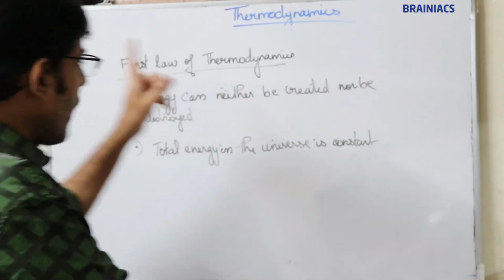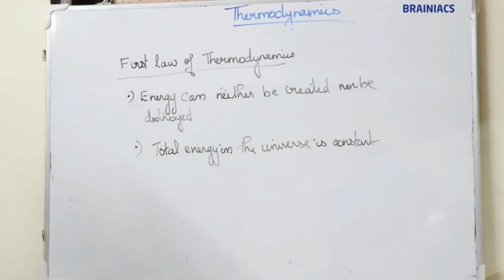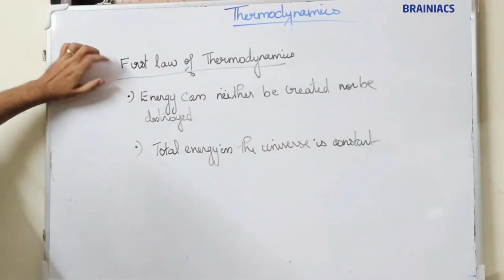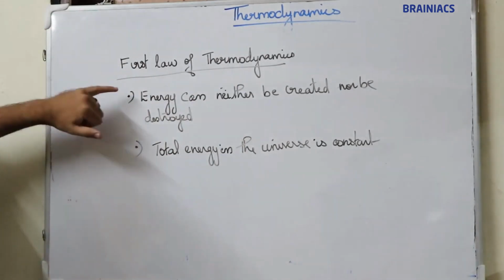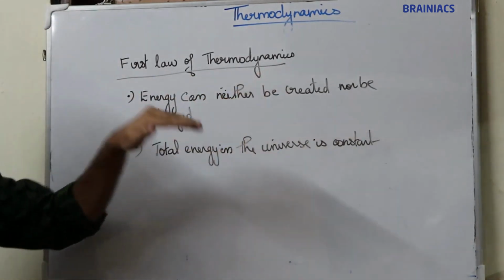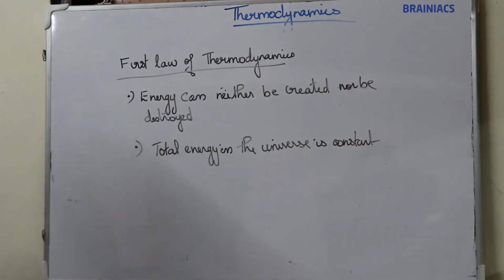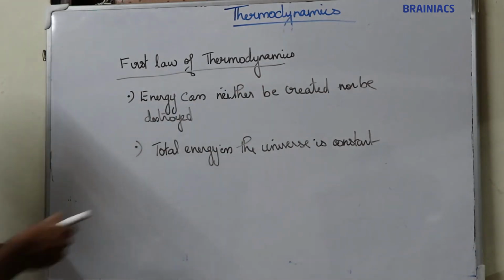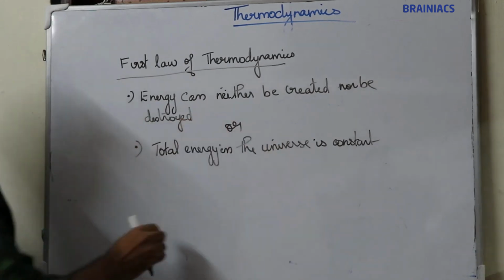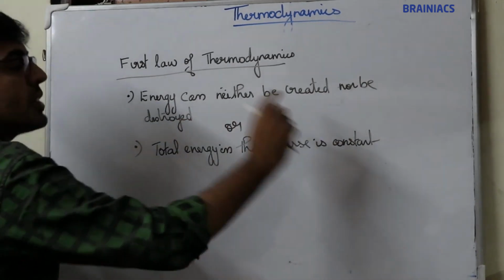So, first law of thermodynamics. Now, what is the first law of thermodynamics? The first law of thermodynamics states that energy can neither be created nor be destroyed. Or, it is also stated like this: total energy in the universe is always constant.